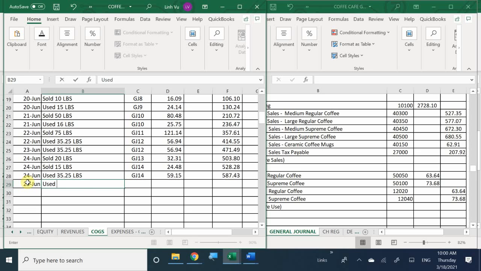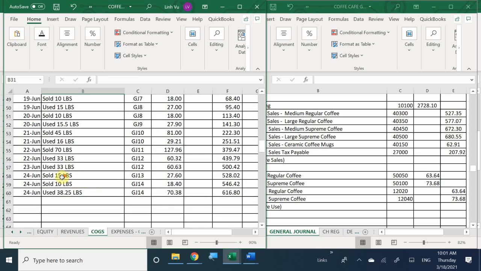We used 39 pounds. General journal number 15. For a total of 63.64. Okay. For a grand total of 651. Yes, good.